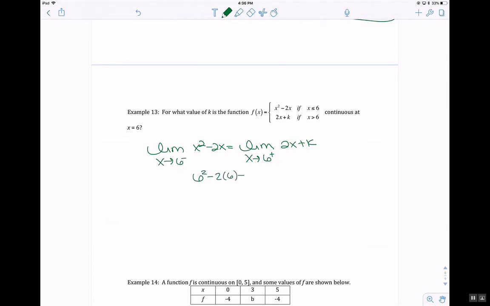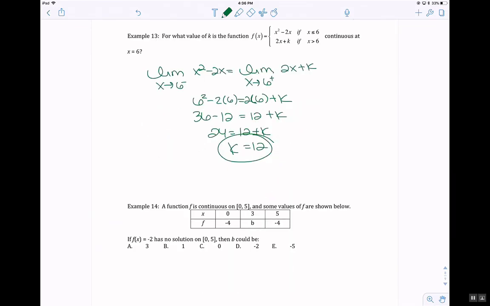Which means that 6 squared minus 2 times 6 has to be equal to 2 times 6 plus k. So 36 minus 12 has to be equal to 12 plus k. So 24 is equal to 12 plus k, so k is 12.